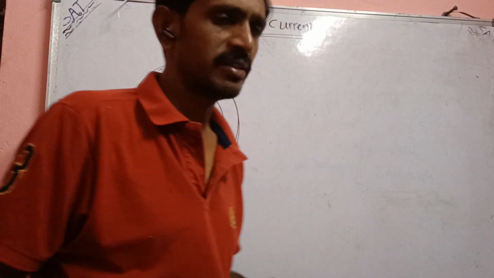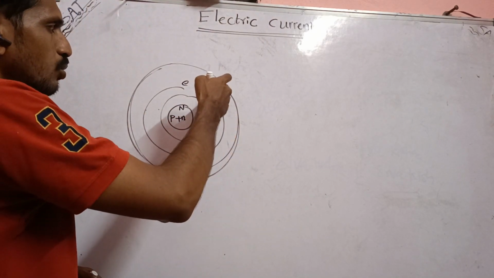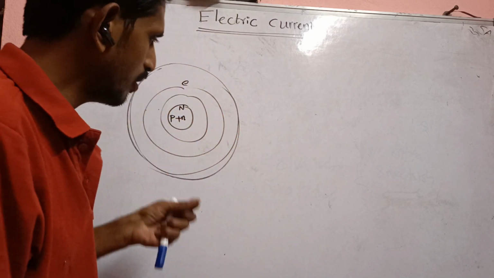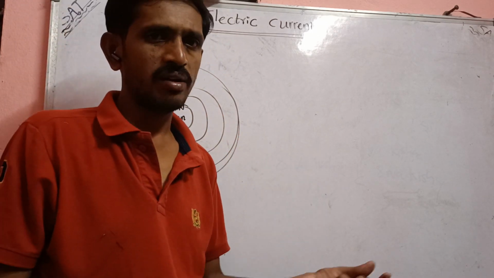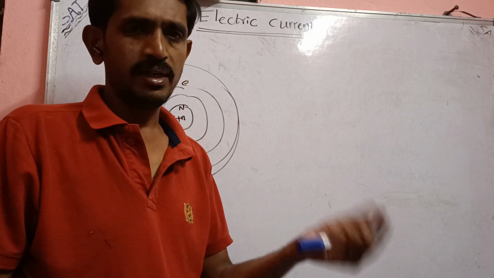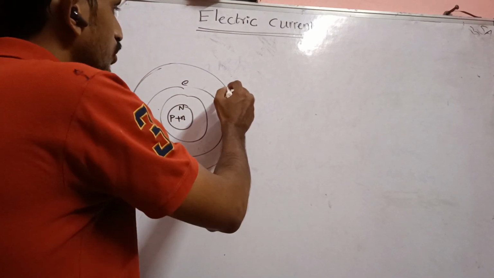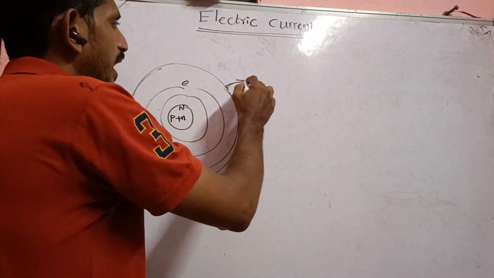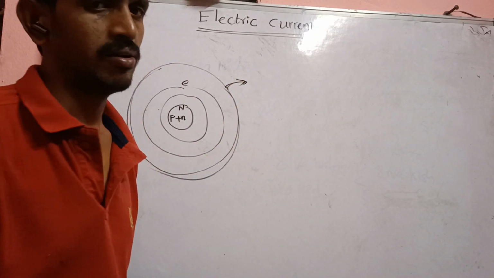Free electrons are loosely bound to the nucleus. Whenever we give energy to the electron by any method, it is ready to jump from the atom. That is a free electron.